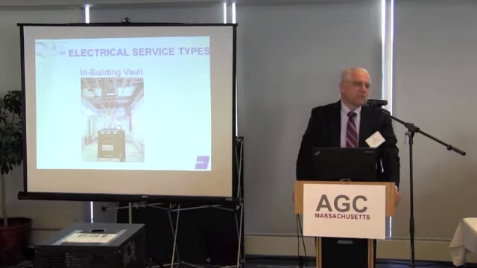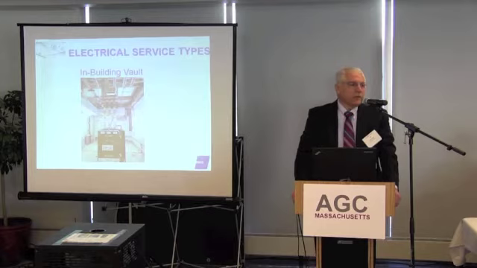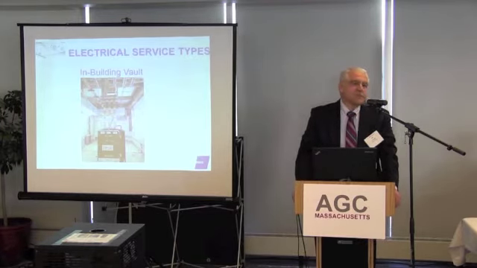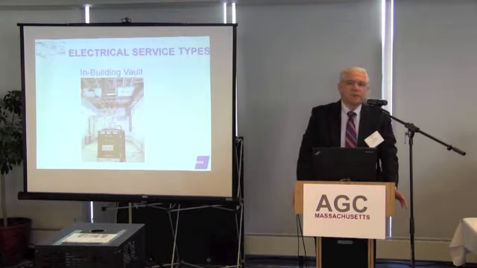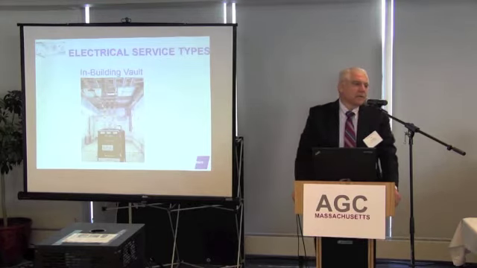There's a whole set of specifications that have to be complied with. But every step of the way, NSTAR comes out. If you're pulling conductors underground to the building, they have underground inspectors for the underground wires. So you're dealing with 6 or 7 different entities within the utility company, which you have to comply with.